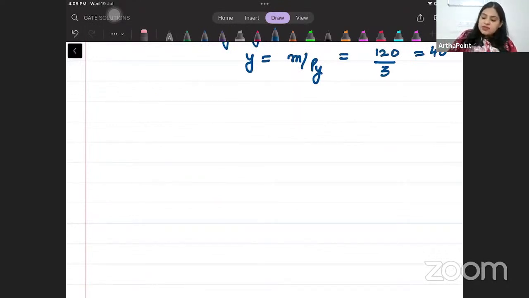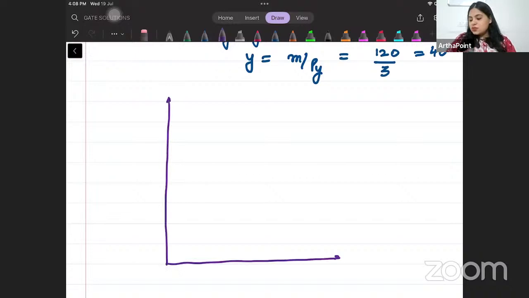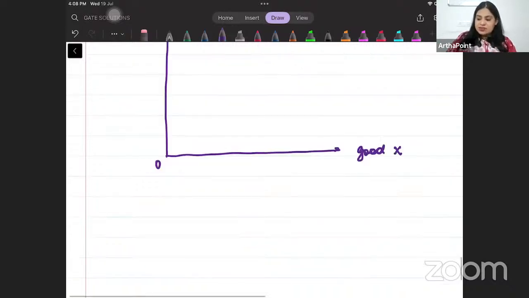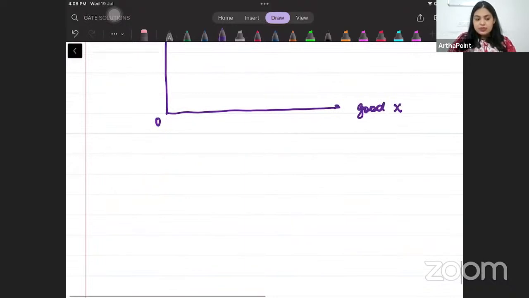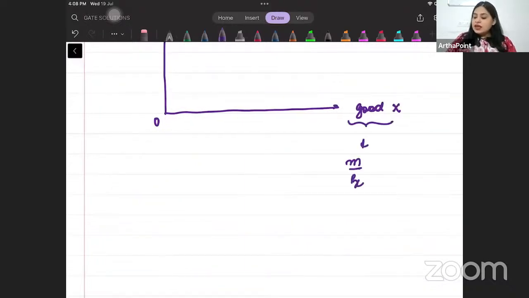If I draw the budget line, this is good X. This is good Y. The x-axis intercept is M by PX. Income is 120.